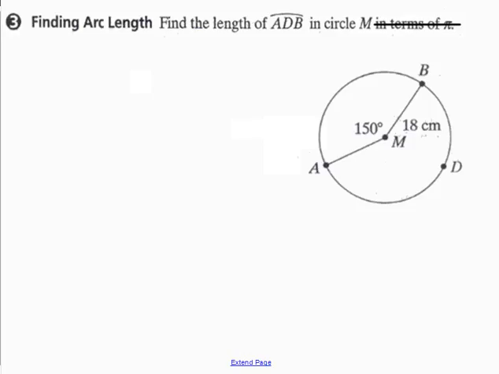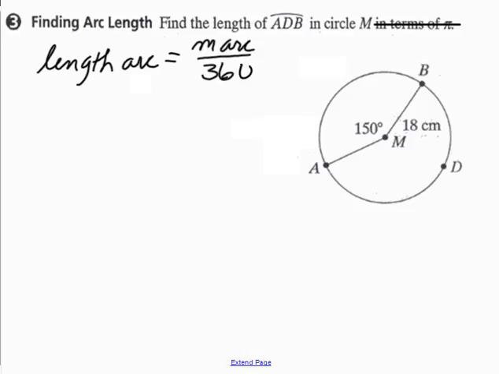Now to find arcs. To find the arc, the formula is: the length of an arc equals the measure of the arc over 360 times 2 pi r.